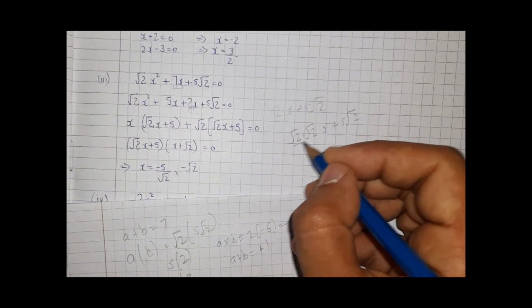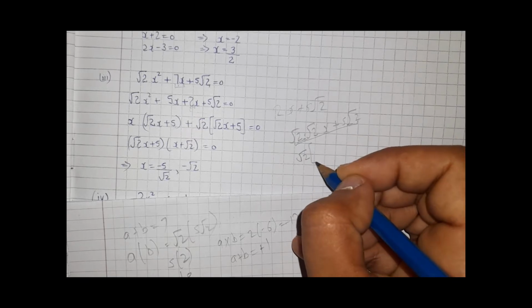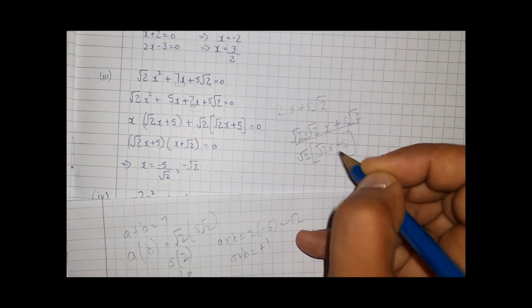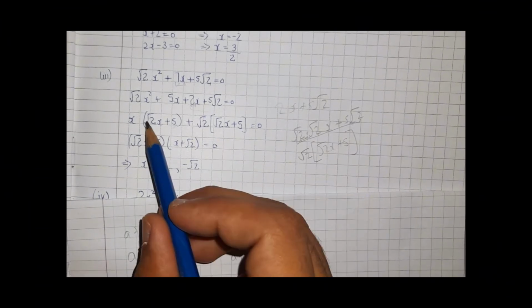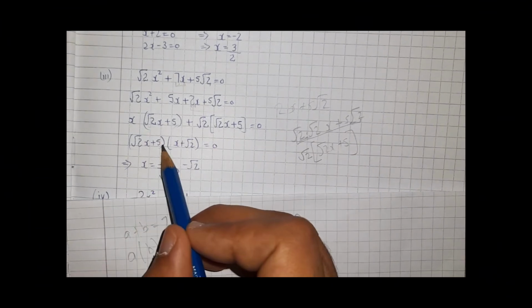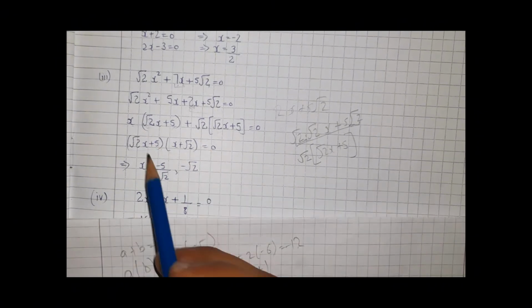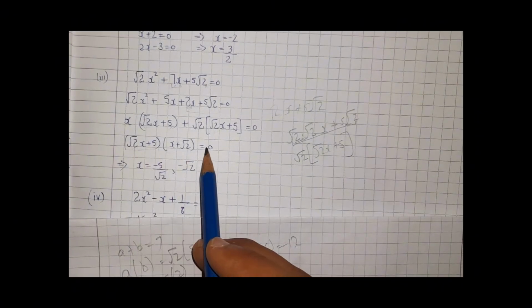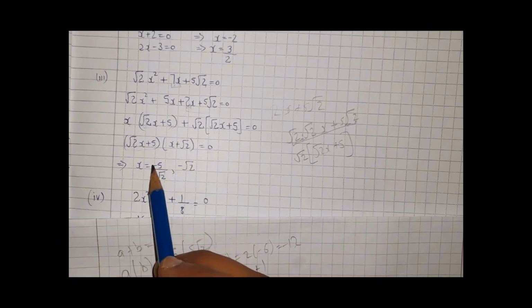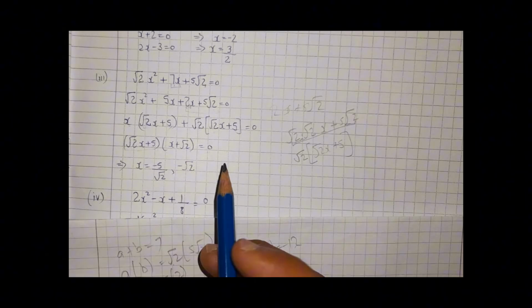From these two terms, root 2 is common, so after taking root 2 outside, we will have root 2 x plus 5 inside the brackets. Now after taking root 2 x plus 5 common, we will have x plus root 2 inside the brackets. Equating root 2 x plus 5 equals 0 and x plus root 2 equals 0, we will have x equals minus 5 upon root 2 and x equals minus root 2.